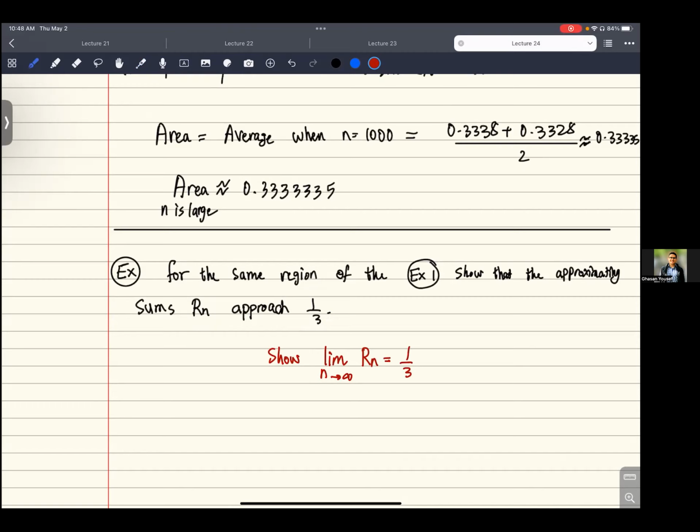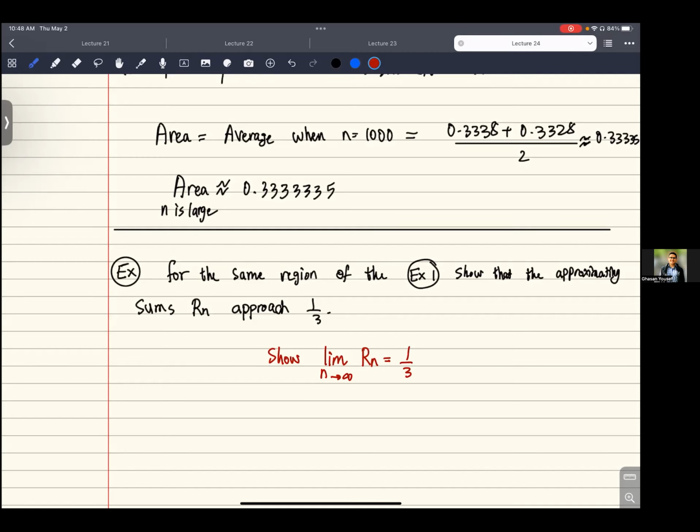Any idea before we start solving this question? How can we show that the limit of R n when n goes to infinity equals 1/3? Who can give me how we can start solving something like that?